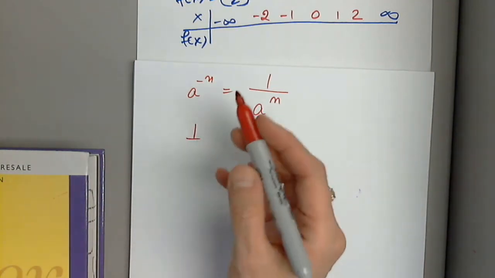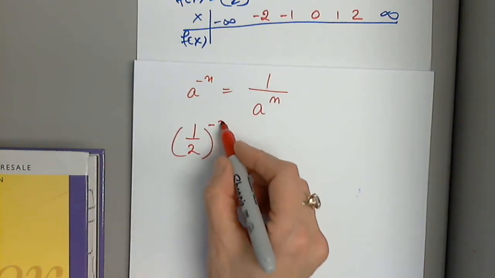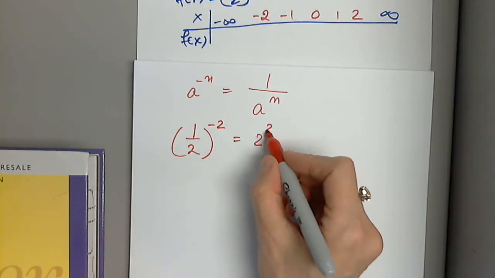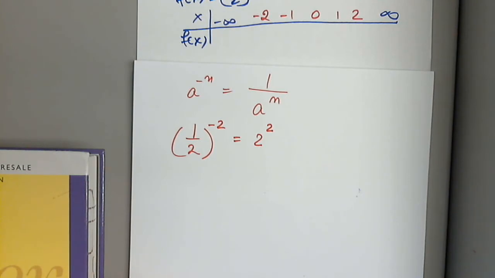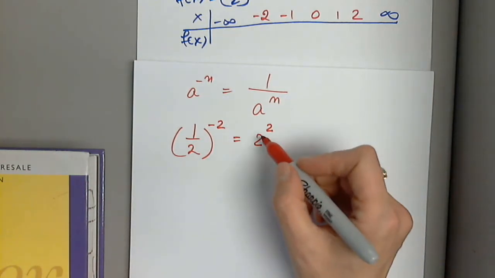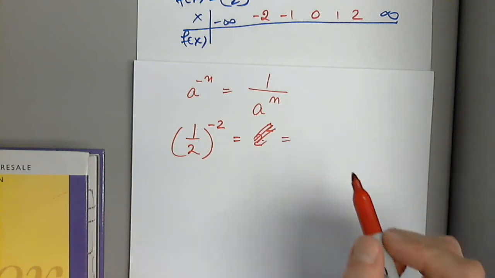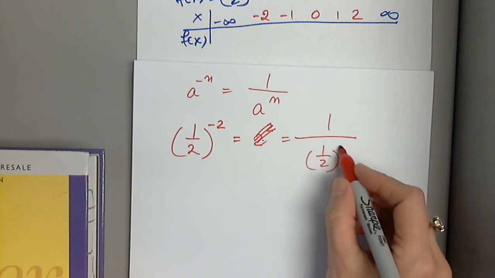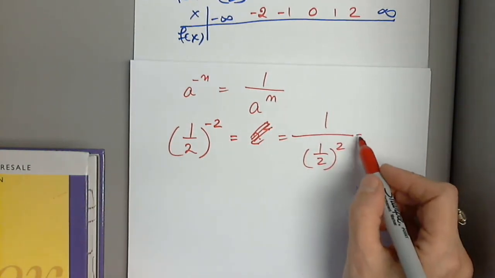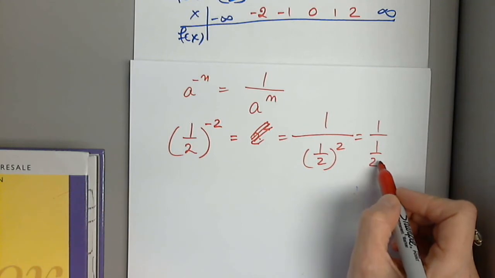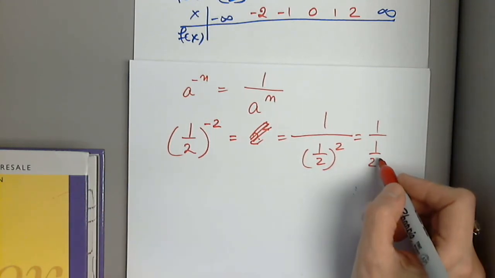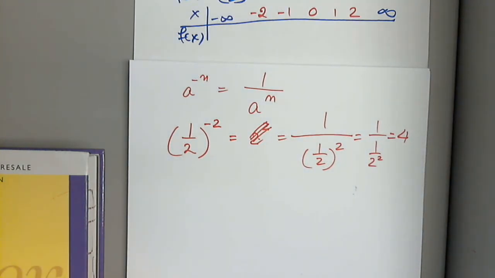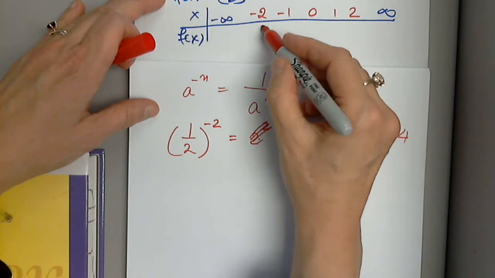If we are having 1/2 raised to -2, we flip the fraction and this becomes 2 squared. Okay, let's cross it out because I'm not sure I convinced everyone. So it's 1 over 1/2 to the second power, which is 1 over 1/2 times 1/2, which is 1 over 1/4. That's how we got this 2 squared. Okay, so this is 4.